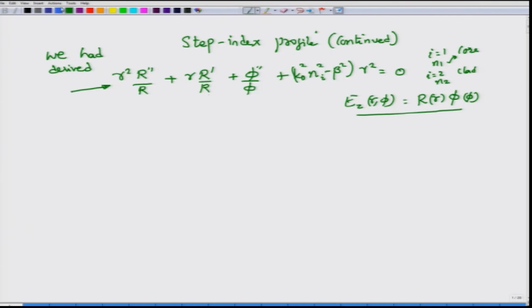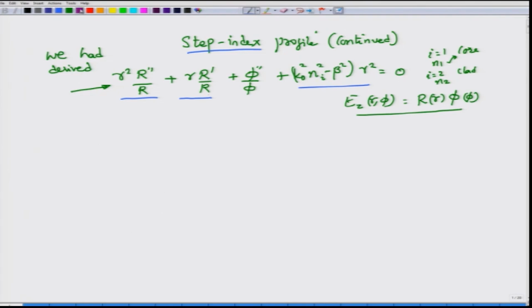I will take another color pen here, and then underline those terms which are functions only of r. Clearly, the terms which I have underlined here with a blue color are functions only of the small coordinate r. Of course, I am assuming that beta is a constant, it does not depend on any other coordinate, and because we have assumed a step index profile, the value of n is independent of r and phi, it is just equal to n1 in the core and n2 in the cladding.